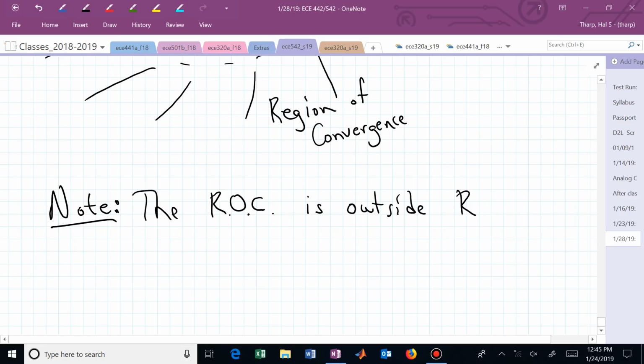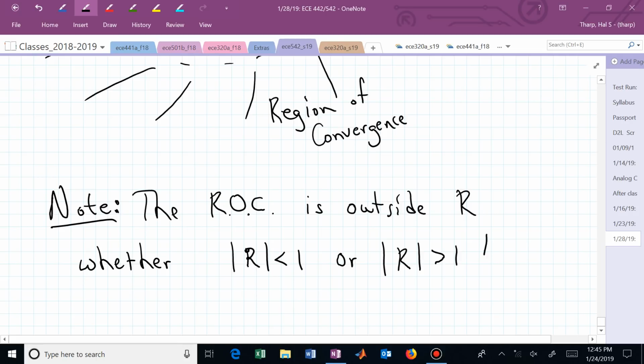We didn't say it was less than 1 magnitude, or oh, it had a magnitude bigger than 1. We didn't make that condition on this derivation. So the region of convergence is outside R no matter what, whether R has a magnitude less than 1 or R has a magnitude bigger than 1.